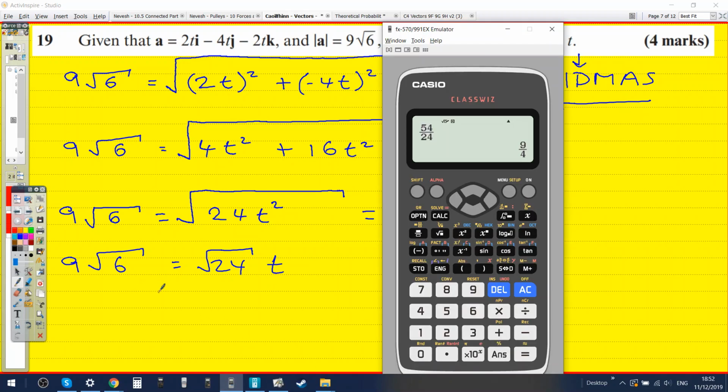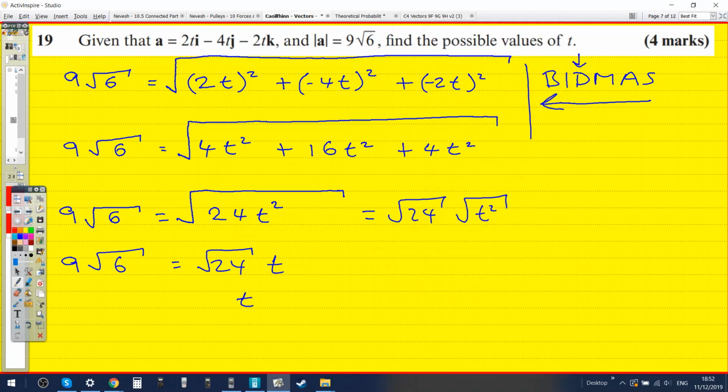If we were to divide both sides at that point, we get the fraction 9 root 6 over root 24. Yes, we get t is 9 over 2, and so t is plus or minus 9 over 2. So this is the easier way, but I wasn't sure if it would be necessary or not, but it was. It's because the plus or minus comes sooner.